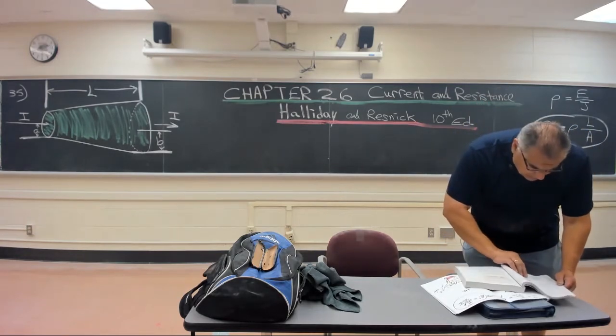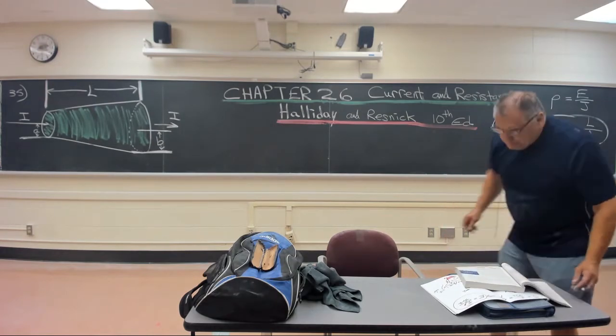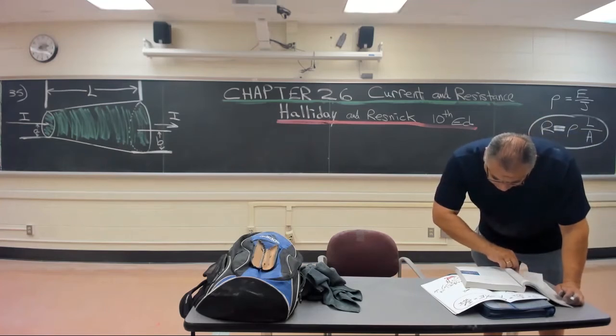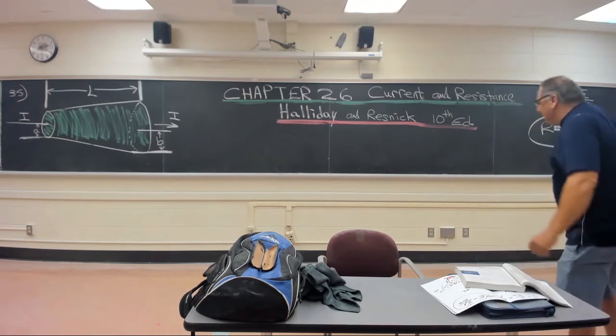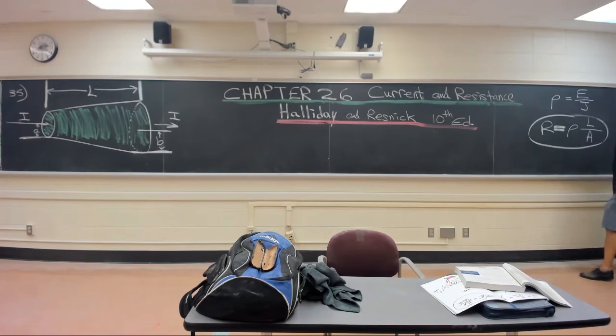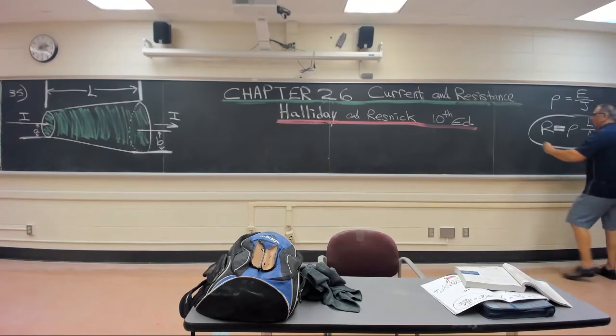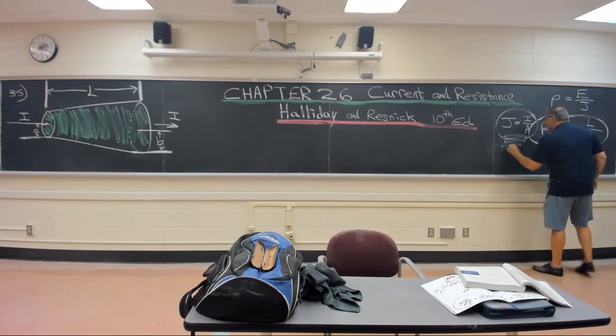There are a lot of ways to define J, guys, but it's going to be basically I over A. J is associated with the current divided by A as the current's passing through.